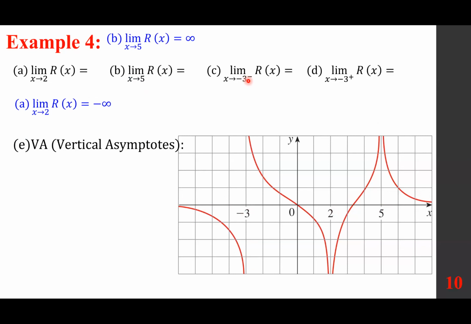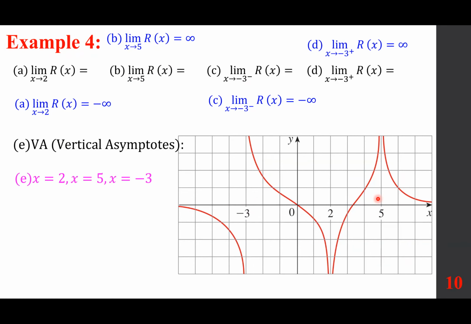From the left of negative 3, the answer is negative infinity. But from the right of negative 3 is positive infinity. And by definition, now we have VA, or vertical asymptotes, at x equals negative 3, x equals 2, x equals 5. Those are the equations, and those are the lines. We use dashed lines to represent vertical asymptotes.